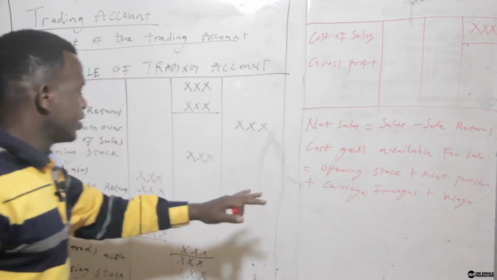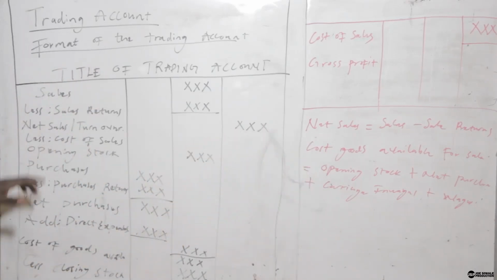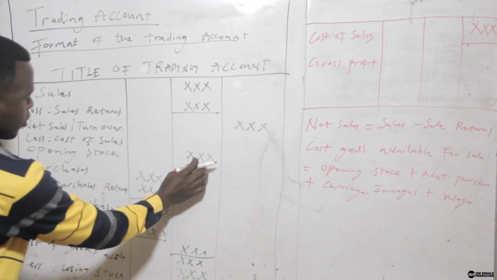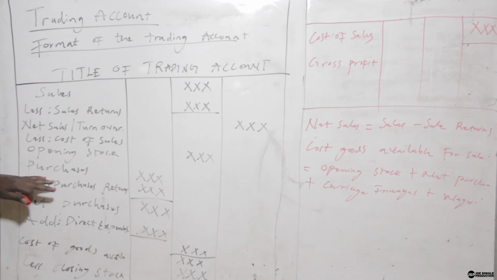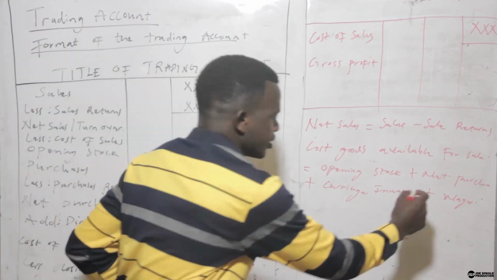So we can see this part of the formula in our table. So here I said less cost of sales. Then as you can see, we have opening stock. So we have our opening stock there. Then we said purchases less purchases returns.